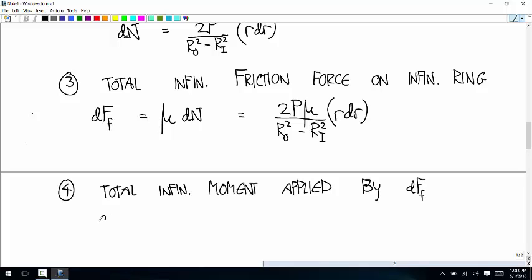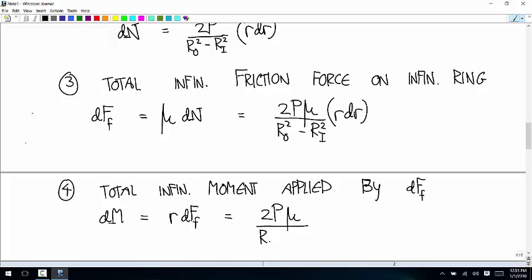And so dM is just equal to r times the force of friction. So now just substitute in what we got before. We have all the constant stuff, 2 times P times mu over r outer squared minus r inner squared times r squared dr.